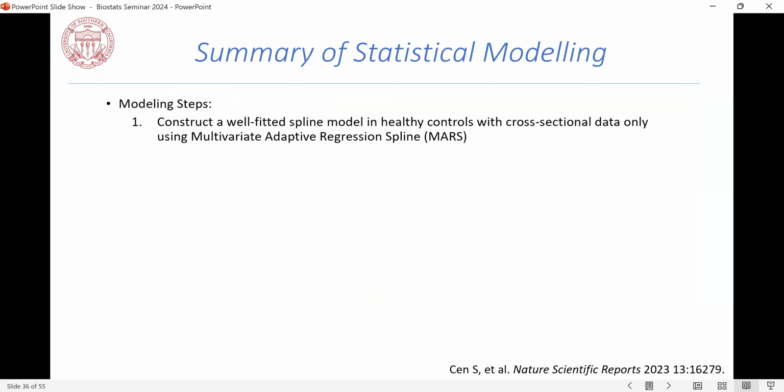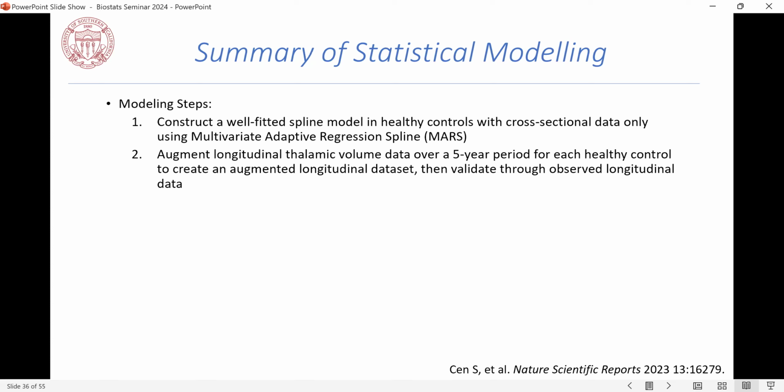Before we start applying this to real-life data, let's repeat the strategy. Number one, we construct a well-fit spline model in healthy controls with cross-sectional data and use it as the spine, like the spine bone of the fish.